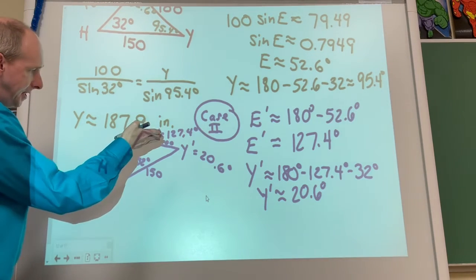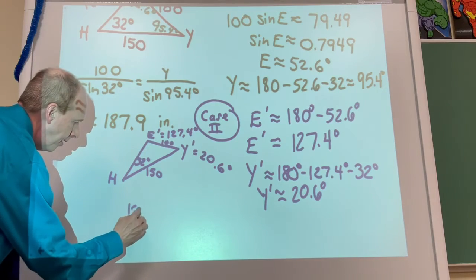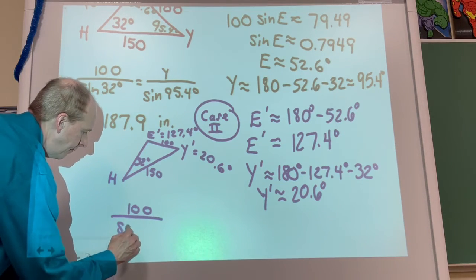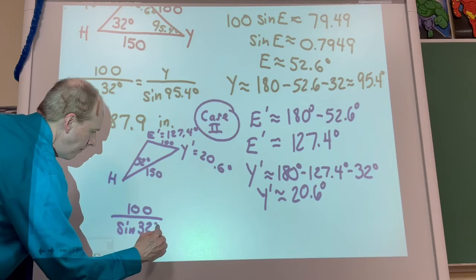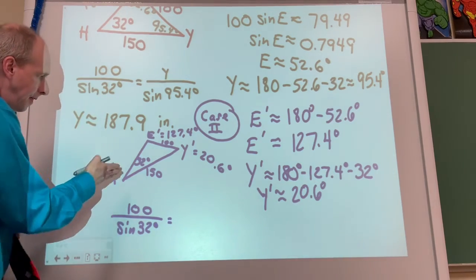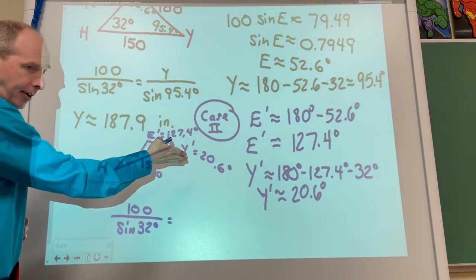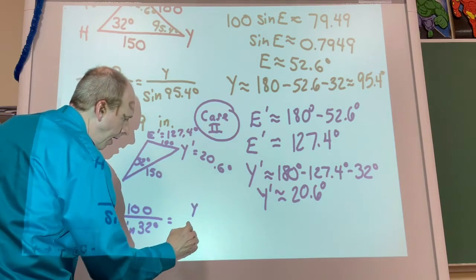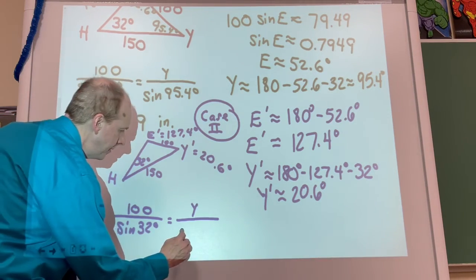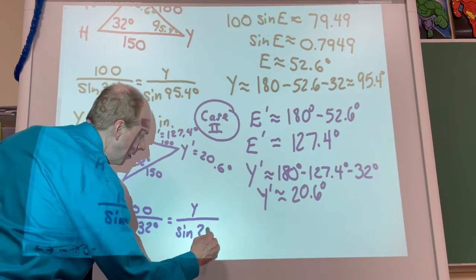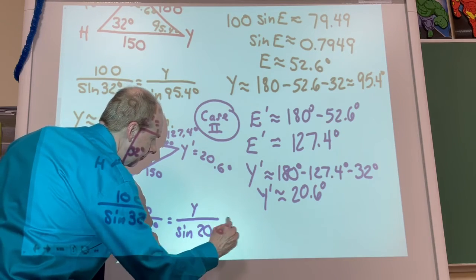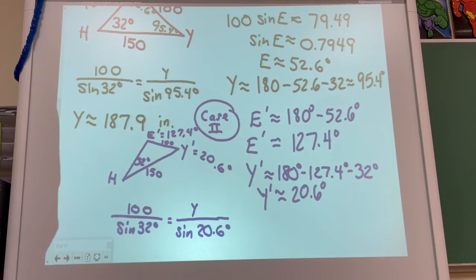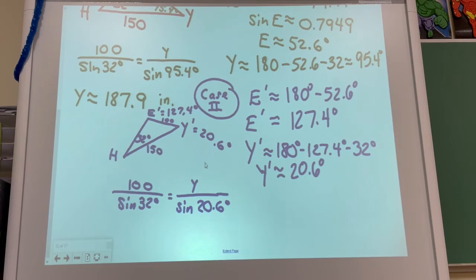So this side, this angle, 100 over sine of 32. We need this side, so we need this angle for y. So little baby y over sine of 20.6 degrees. We'll cross multiply.